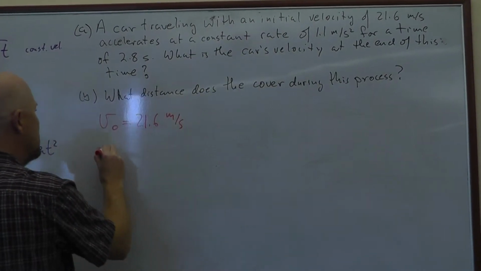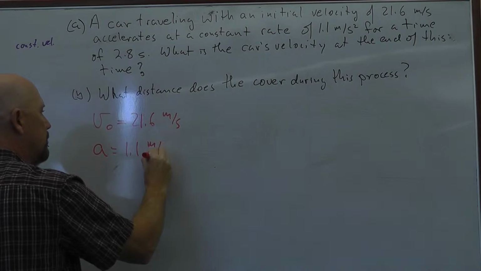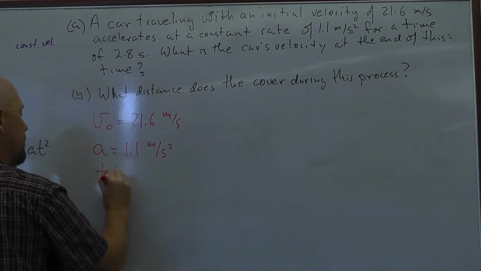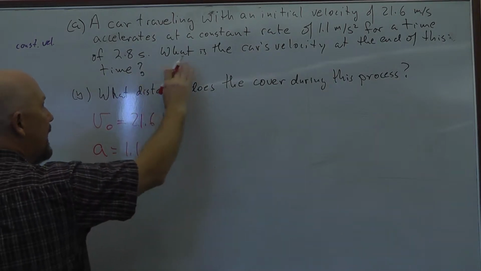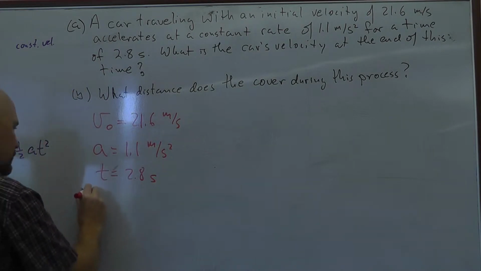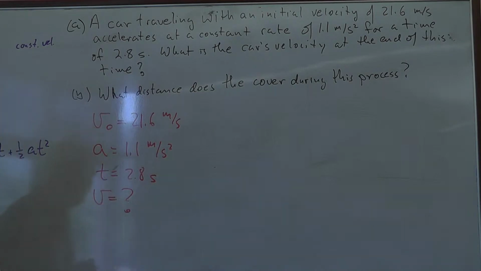Another thing I know is the acceleration, 1.1 meters per second squared, and I know the time. In this case, it's 2.8 seconds. And it asked me, what is the velocity at the end of this? So what I need to find is this thing.